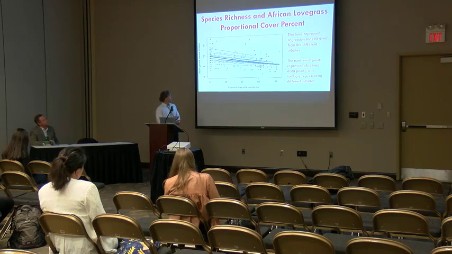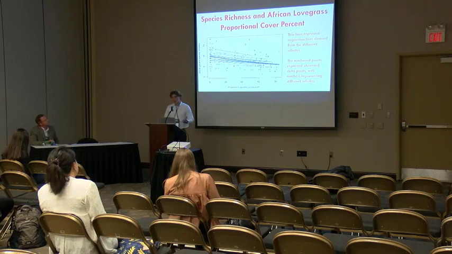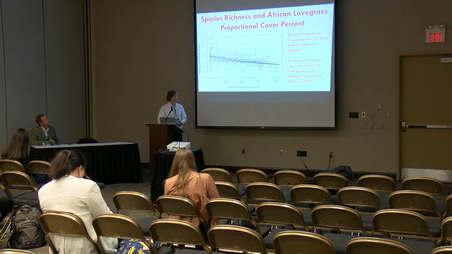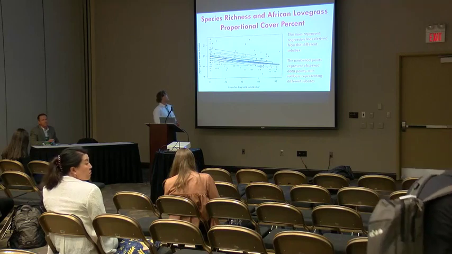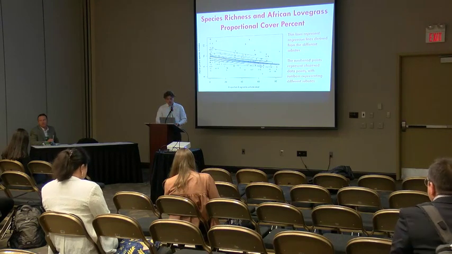These are the regression lines, and each one of these points is the observed data, and the numbers correspond also to a subsite. As we can see, we've got proportional Eragrostis curvula cover on the x-axis. As proportional Eragrostis curvula increased, we saw a decrease in above ground species richness.